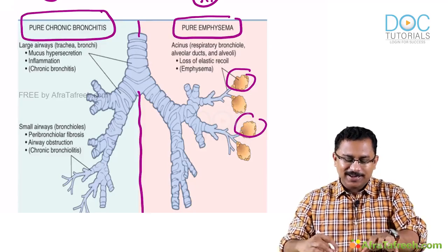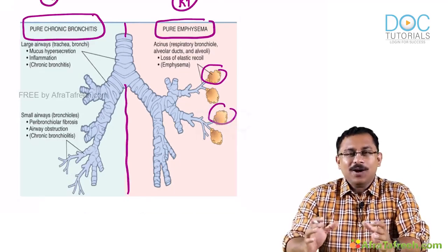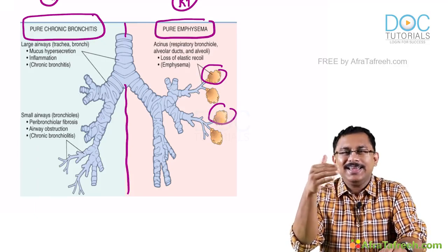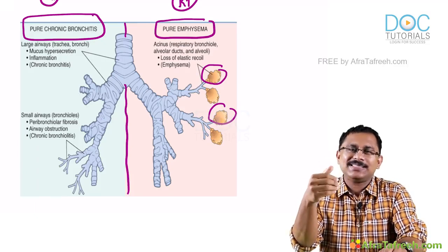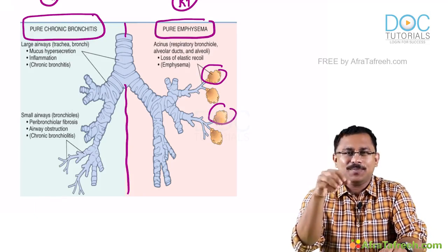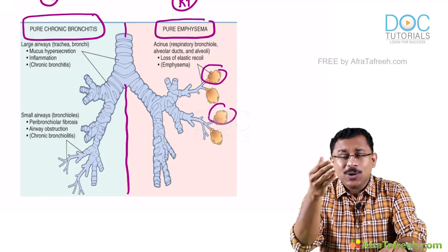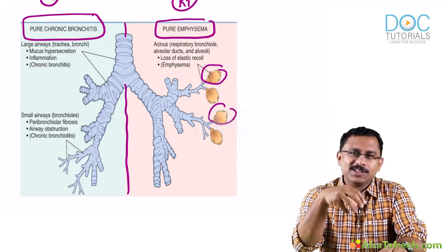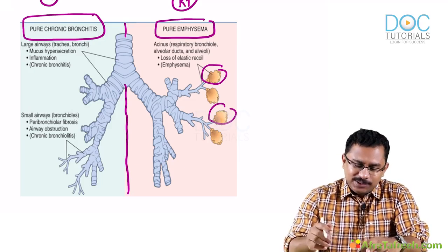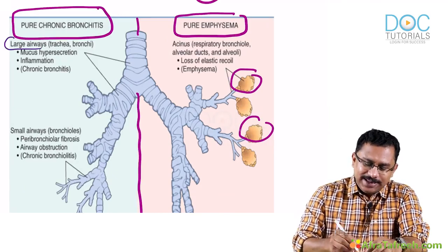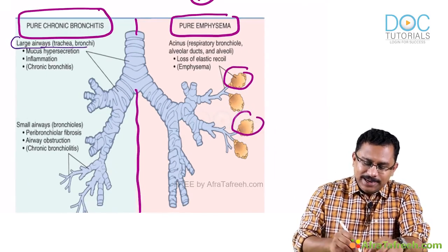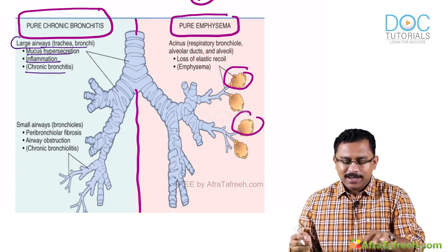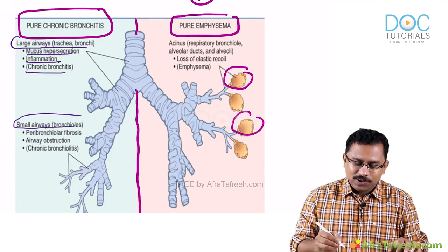Now let me take your attention back to this picture. I am going to tell you what gas exchange abnormalities can occur in chronic bronchitis. But to make you understand this, I must tell you what is happening at the level of the respiratory unit. You see here, it involves the larger airways like the bronchi. As I said, there is mucus hypersecretion, inflammation, bronchitis, and the smaller airways are also involved.